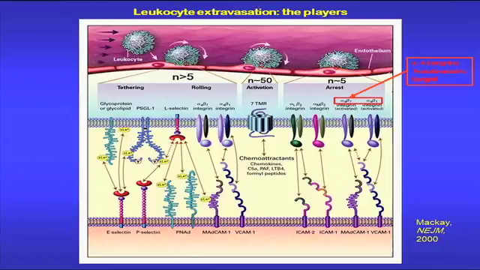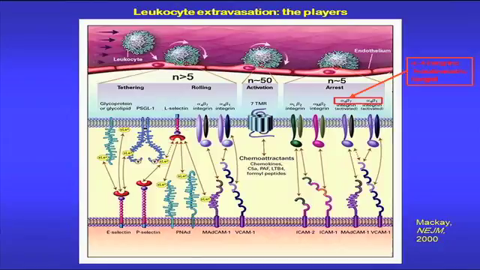They may be trafficking into an inflamed tissue to fend off a pathogen. They may be leaving the blood simply to go into the spleen or into a lymph node as part of normal immune activity. They may be under developmental circumstances colonizing a tissue like the skin or the gut.